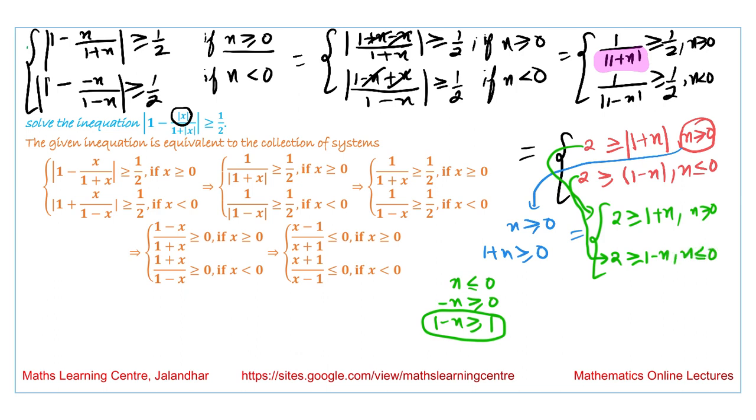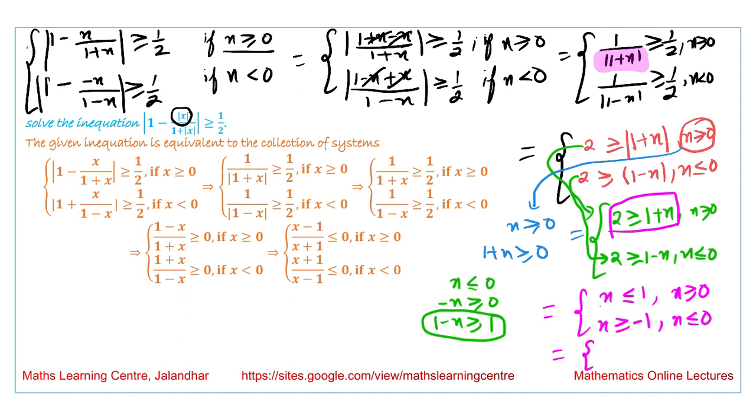So we can write these equations as follows. From the first term, x ≤ 1 and x ≥ 0. From the second term, x ≥ -1 and x ≤ 0. This gives us the solution.